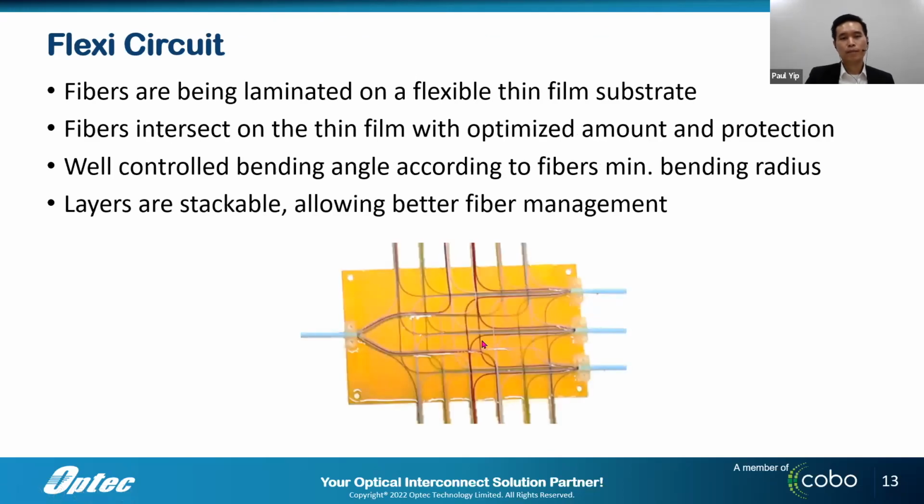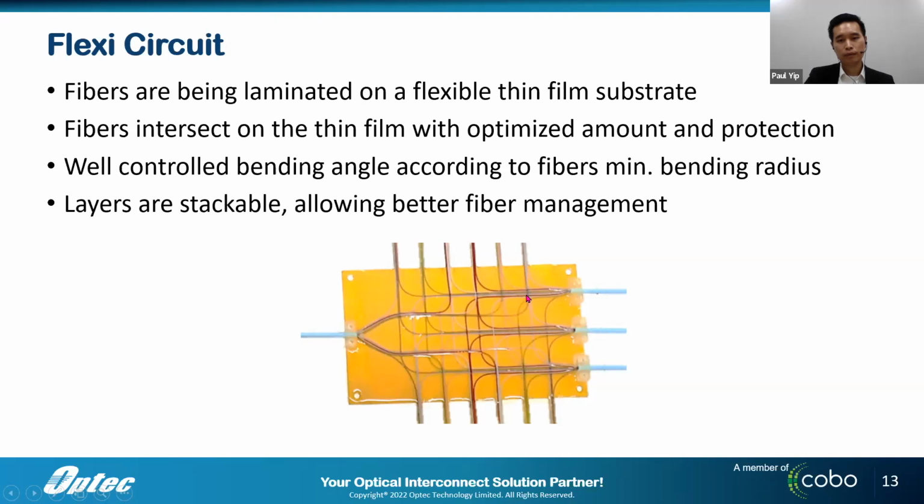So just to give another idea about flexi circuits, so apart from fiber shuffle where we cross the fibers, flexi circuit is a thin film to hold all these fibers onto one layer. And it can exit on ribbons or tubings, to whatever kind of application allows.